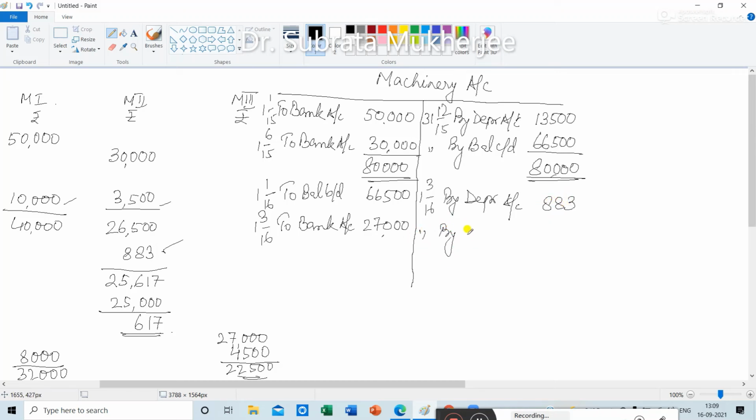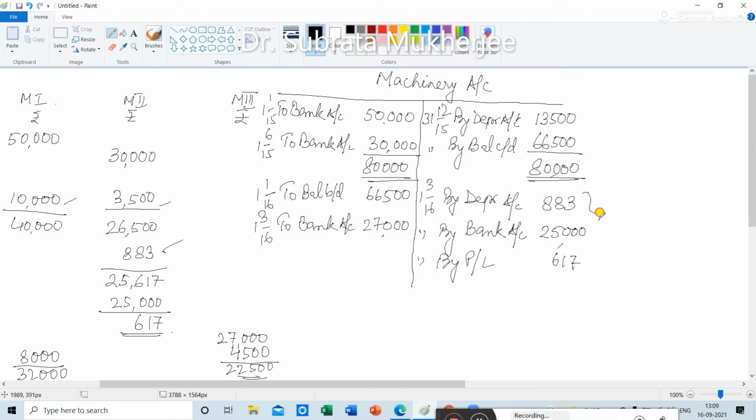On the same day, the second machine was sold for rupees 25,000. So what is the journal entry? Bank account debit to machinery account. And you have incurred a loss, so by P&L account, this will be 617.